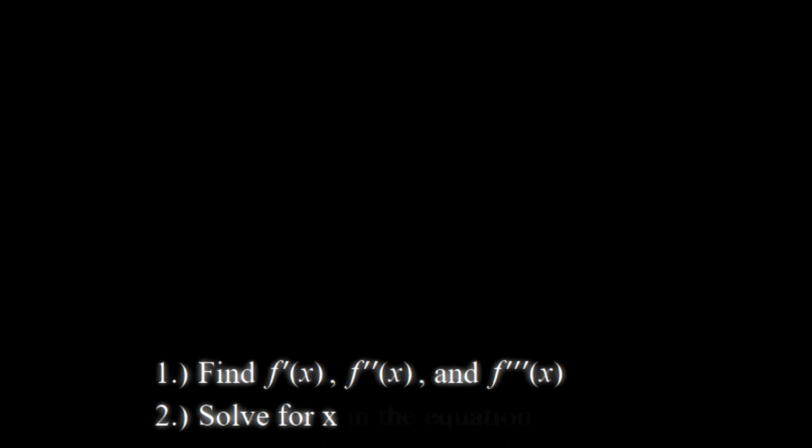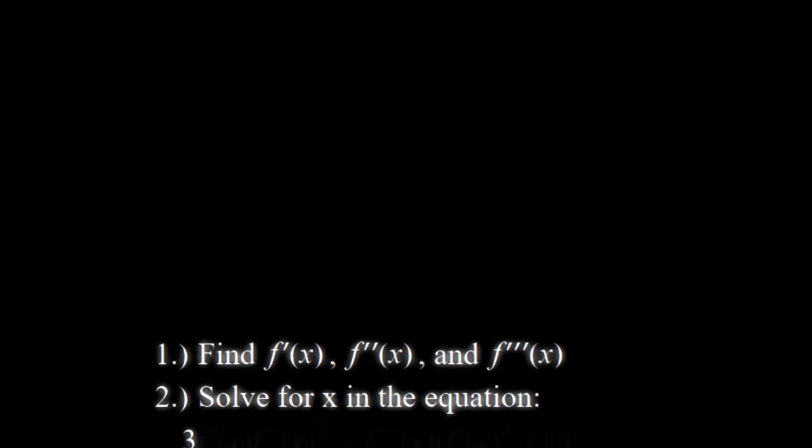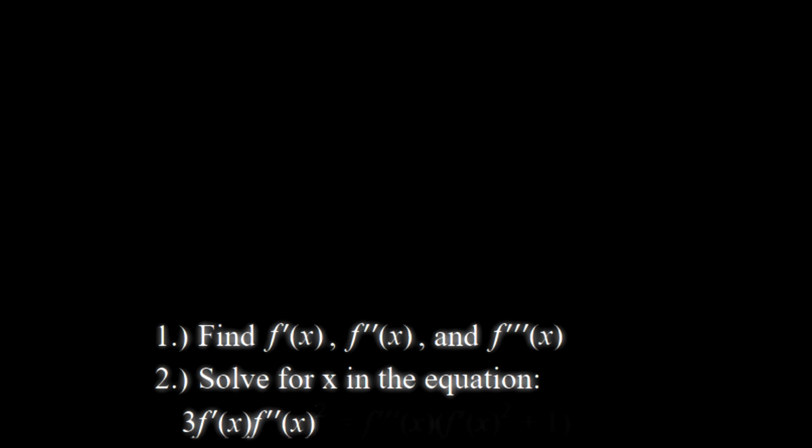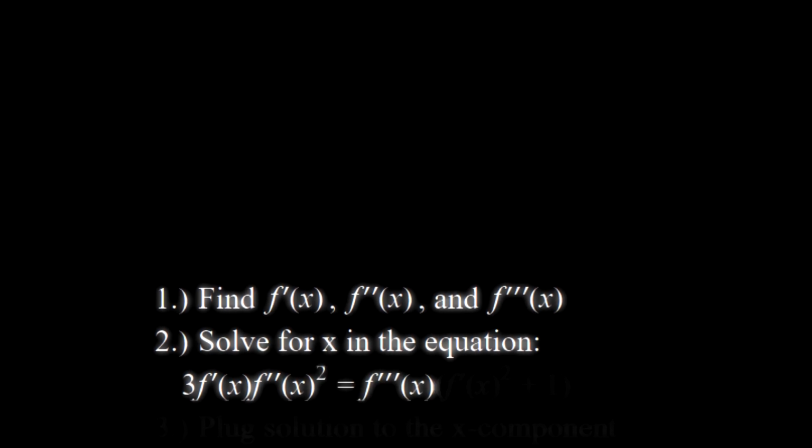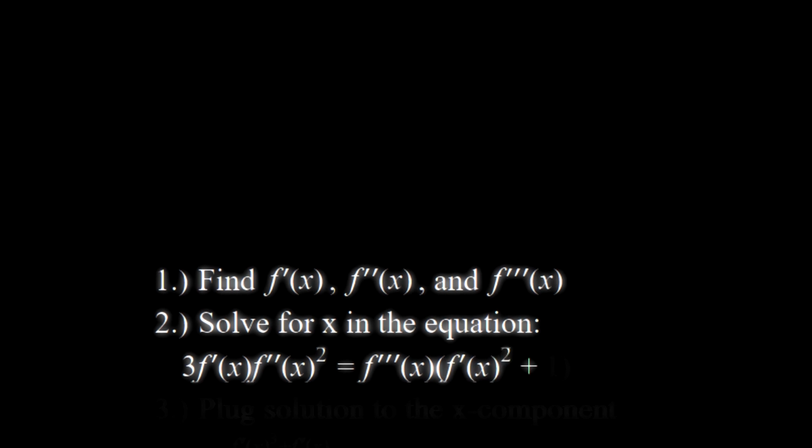Number 1, find f prime x, f prime prime x, and f prime prime prime x. 2, solve for x in the equation 3 f prime x, f prime prime x squared equals f prime prime prime x times f prime x squared plus 1.